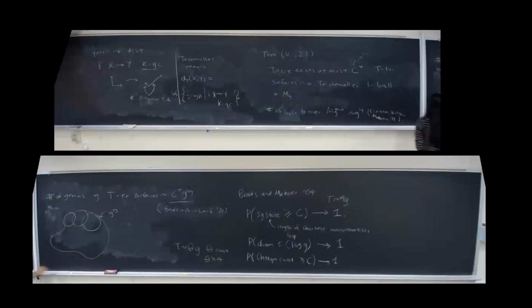By the way, since you mentioned that, the number of T triangulations of a sphere, which is a genus zero surface, is around C to the T. So of course, this is the combinatorial statement.